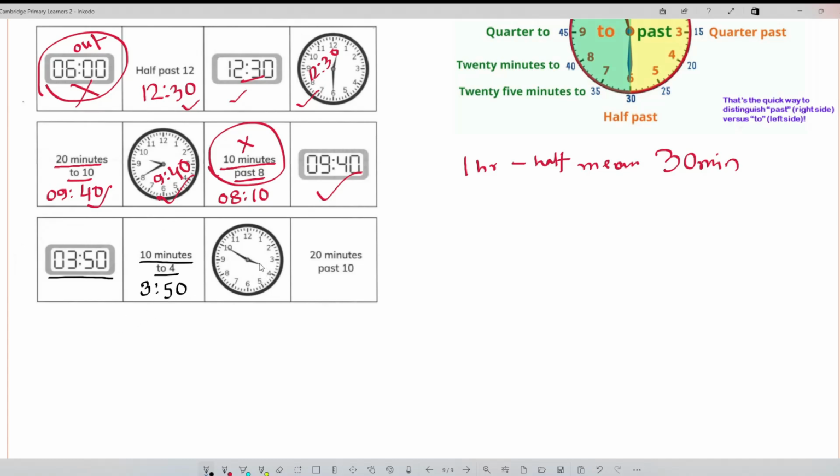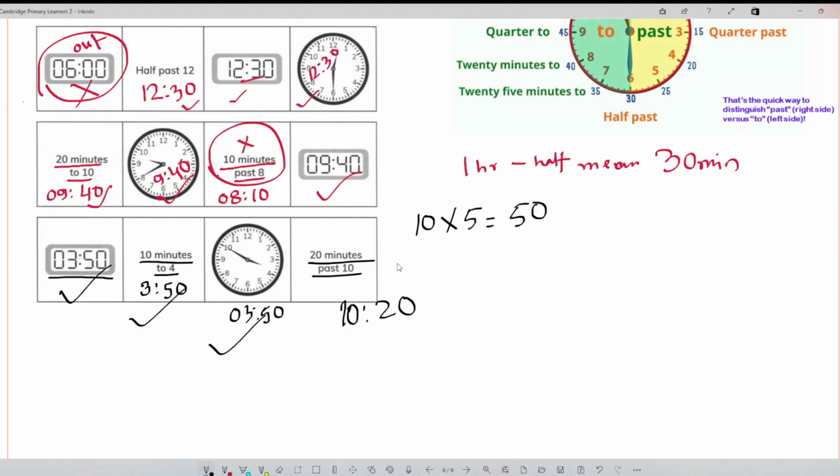And look, in the analog clock the hour is between 3 and 4, it means this is 3, and the minute is on 10. 10 times 5 is 50. So this is 3:50. And here it says 20 minutes past 10, which means 10:20. So look, here is 3:50, here is 3:50, here is 3:50. So this one is out.